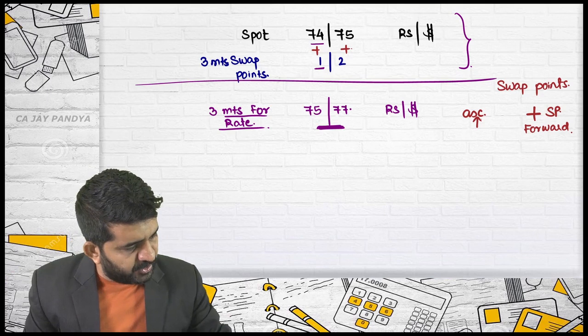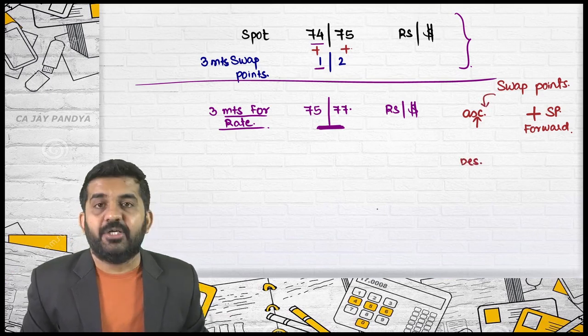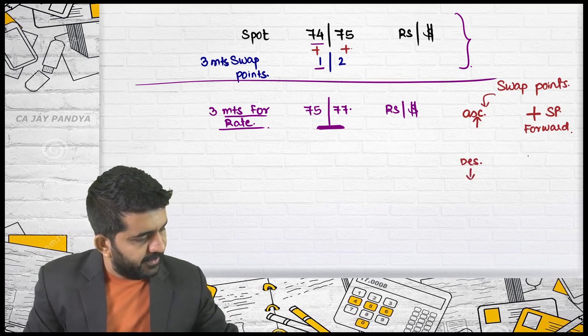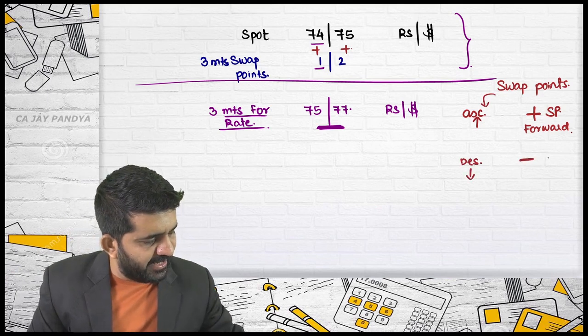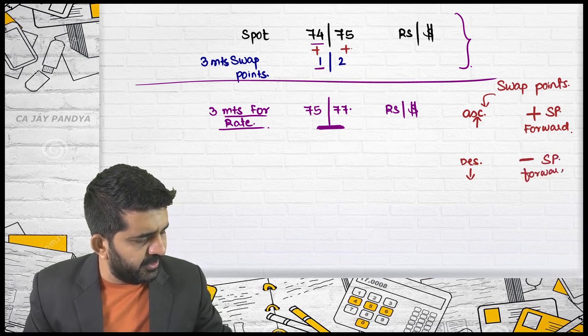And if the swap points are in descending order, that is they are decreasing, then I will subtract the swap points to find out a forward rate.